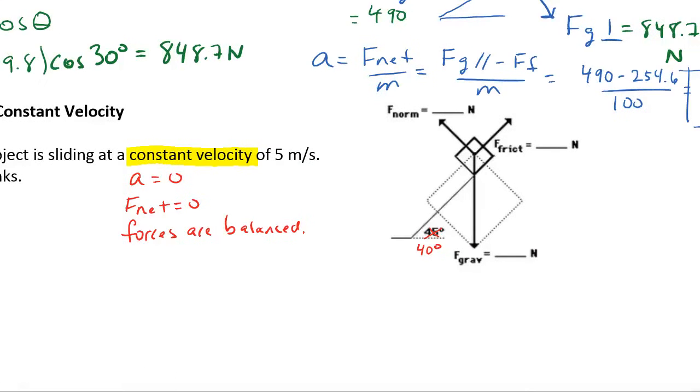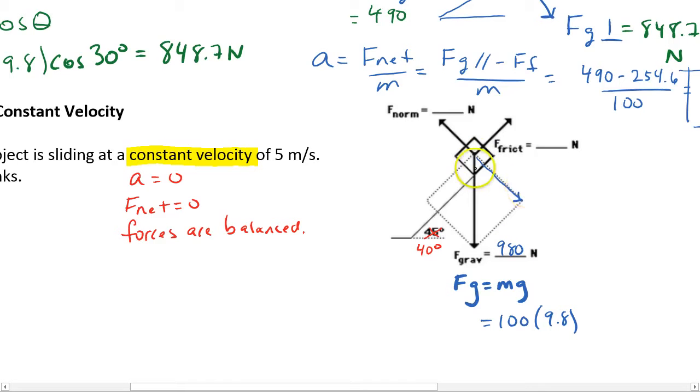Well, first of all, the force of gravity is going to be equal to Fg is equal to mg. It's going to be the old 100 times 9.8. So again, this will be 980. We should still go and say, well, what is Fg perpendicular?